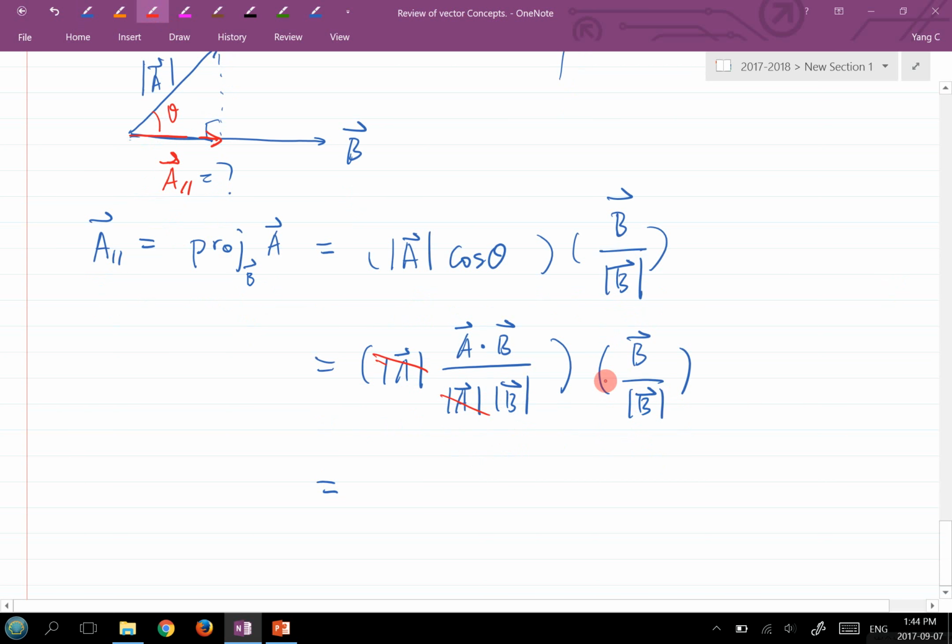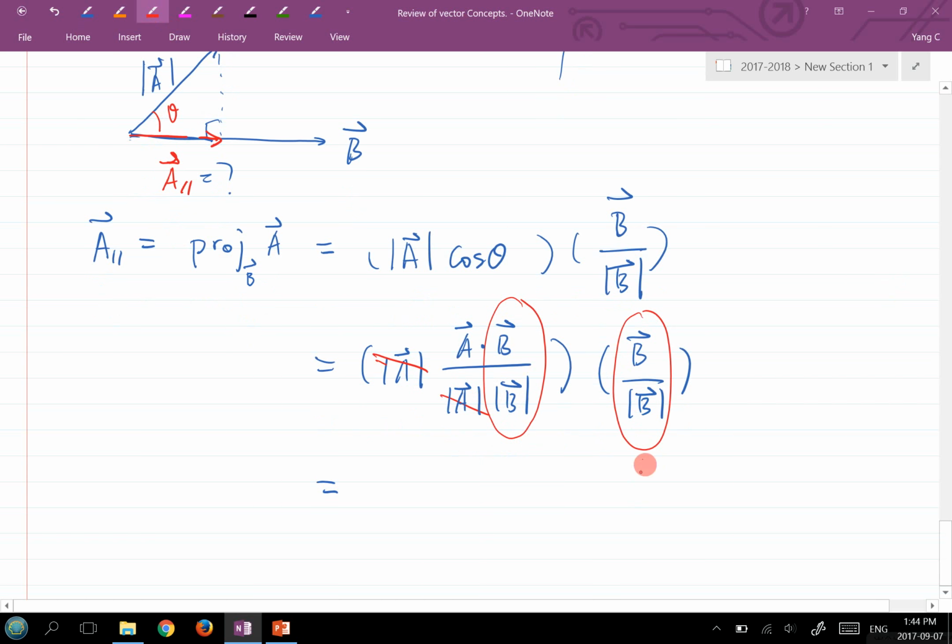However, I can still shorten this expression a little. Here's B over its magnitude, and here's also B over its magnitude. What's the symbol we use for a vector over its magnitude?